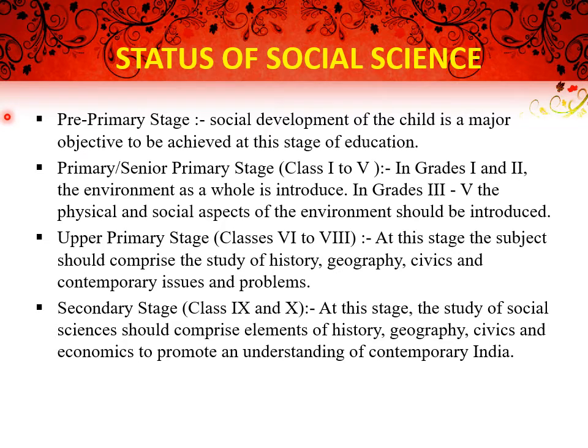Although pre-primary education naturally doesn't deal with the study of social sciences, social development of the child is a major objective to be achieved at this stage of education. So to realize this objective, a variety of activities and programs are directed at providing ample opportunities for a child to interact with other children and with his physical and natural environment.